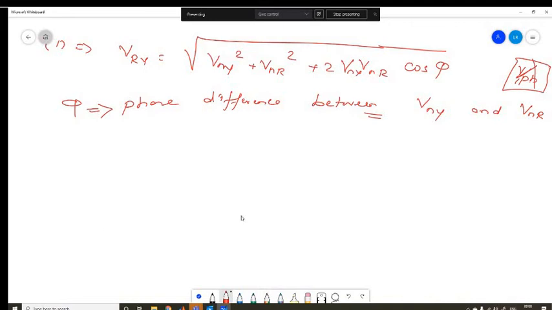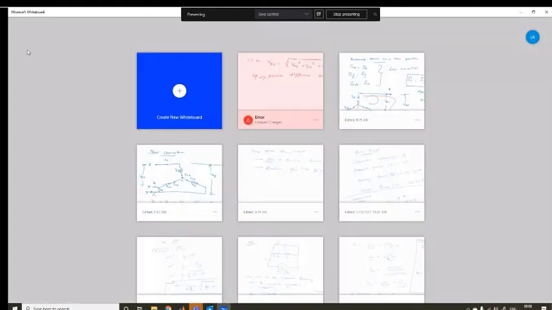We'll come back to this particular page again. Your VNR and VNY are how much degree apart? They are 120 degree apart.